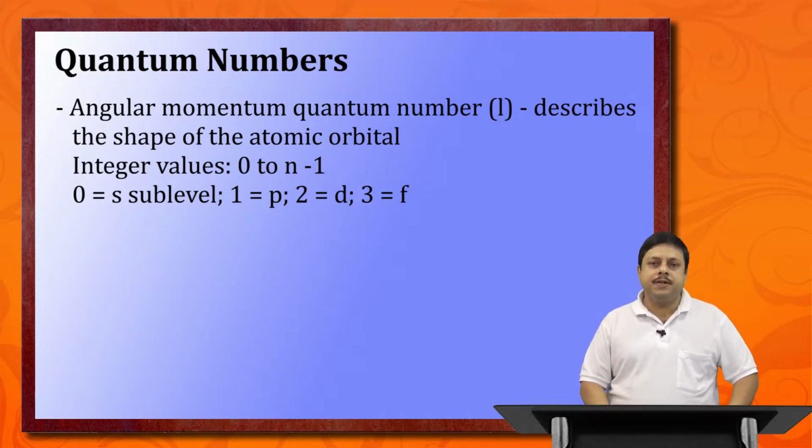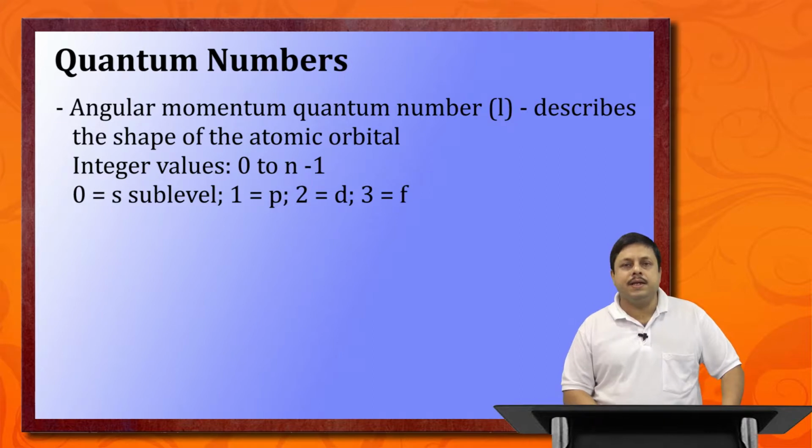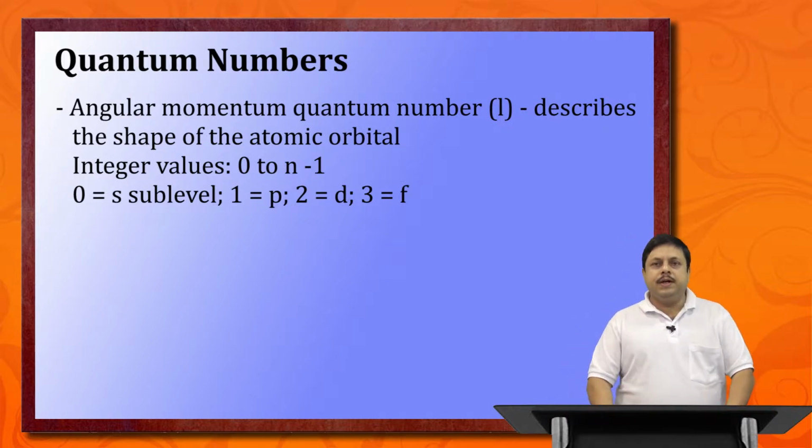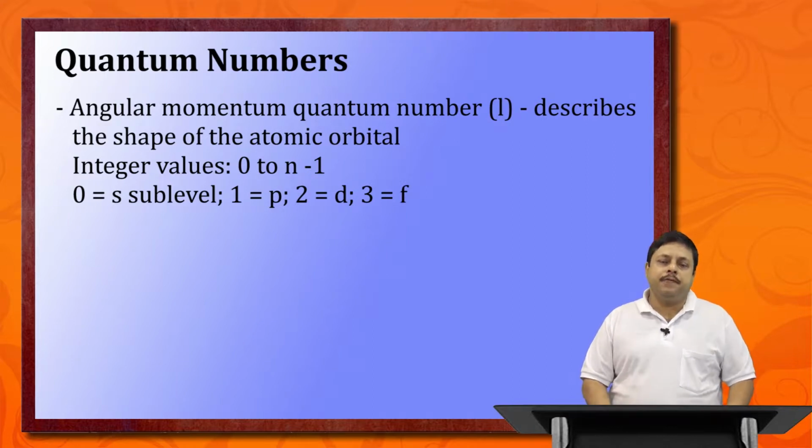If L is 0, we call this the s sublevel or an s orbital. If L is 1, we call it a p orbital. If L is 2, a d orbital. And if L is 3, an f orbital.